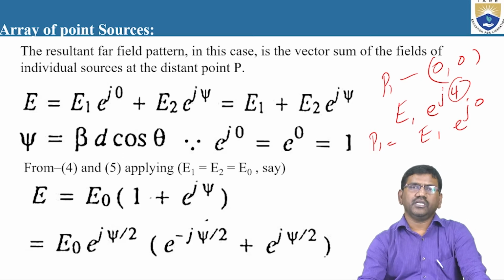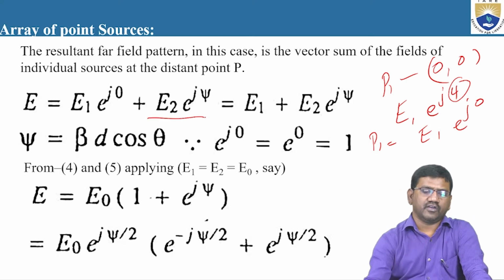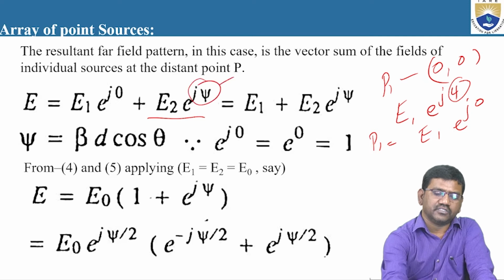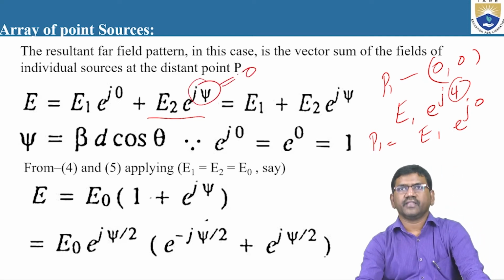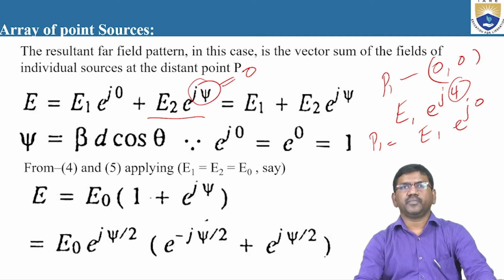Similarly, the electric field strength produced by point source P2 is given by E2 e power J psi. We are not writing the psi function as 0 here, because point P2 is not located at the origin, but point P1 is.